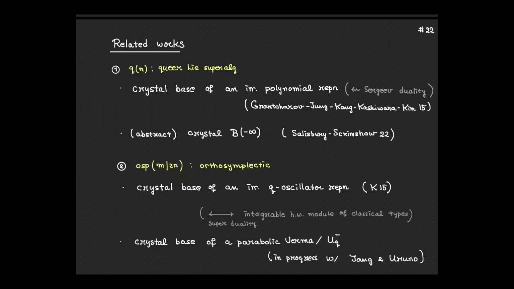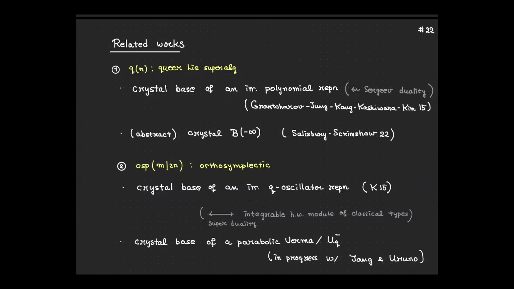And so we have a certain equivalence. So we can naturally expect the counterpart on the super duality side may have a crystal base theory. So I tried to prove it, and we can show that a nice family of irreducible representations has a crystal base.